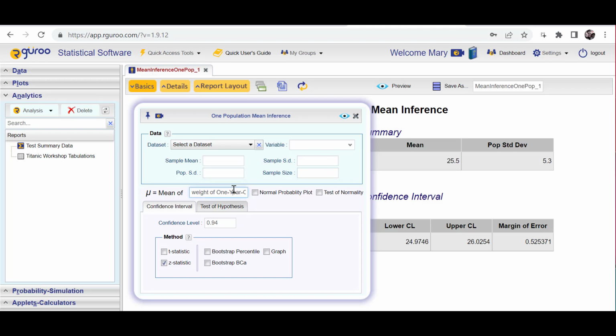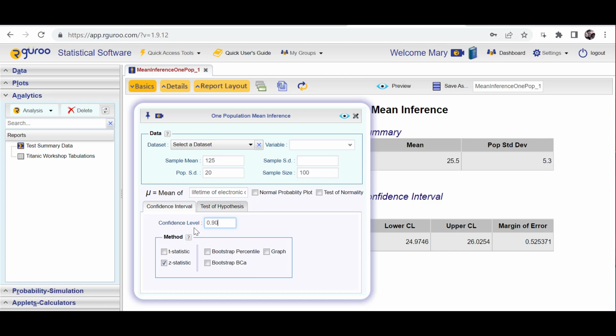Okay, so the sample mean was 125, and the population standard deviation was 20. Sample size was 100. No sample standard deviation. Variable label was the lifetime of electronic components. And we're doing a Z statistic because, again, the sample size is big enough and we know the population standard deviation. What's going to change is our confidence level.